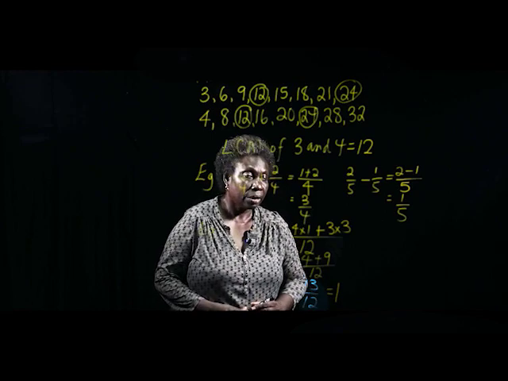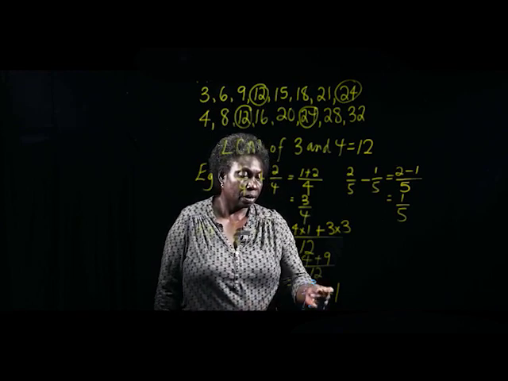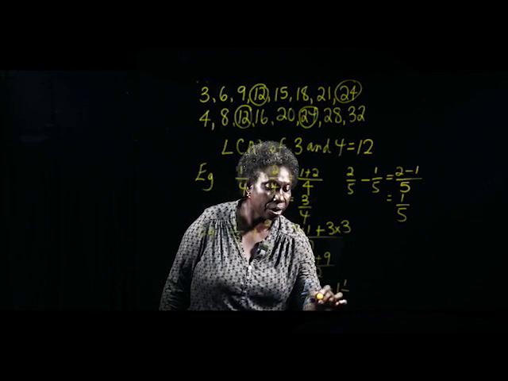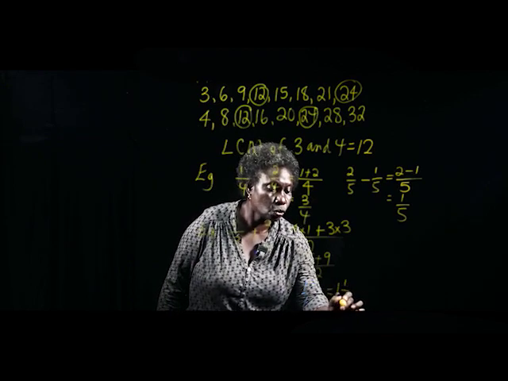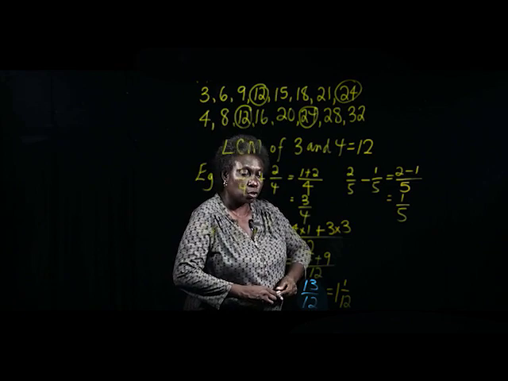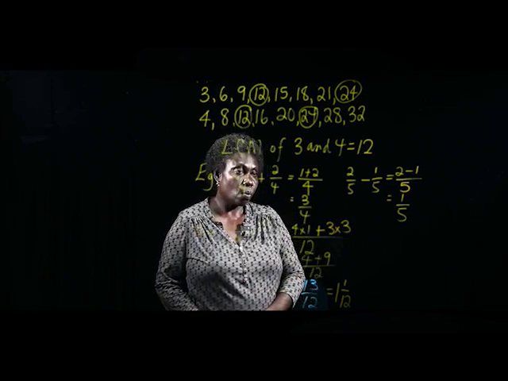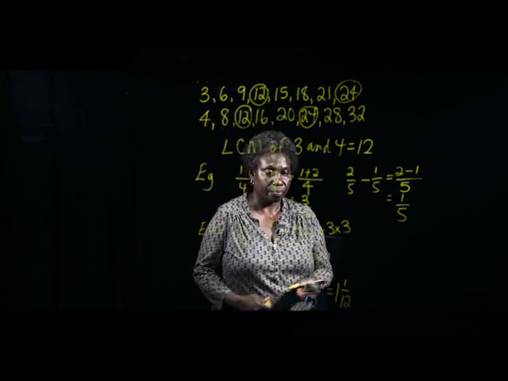How many remainders? 1 remainder, so I put that 1 over the denominator 12. So 13 over 12 as a mixed number is 1 and 1 over 12.